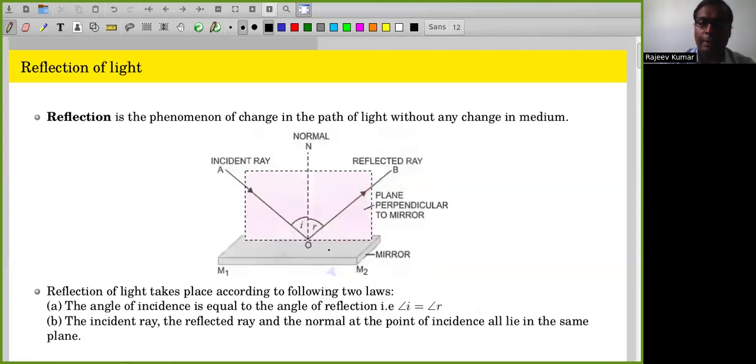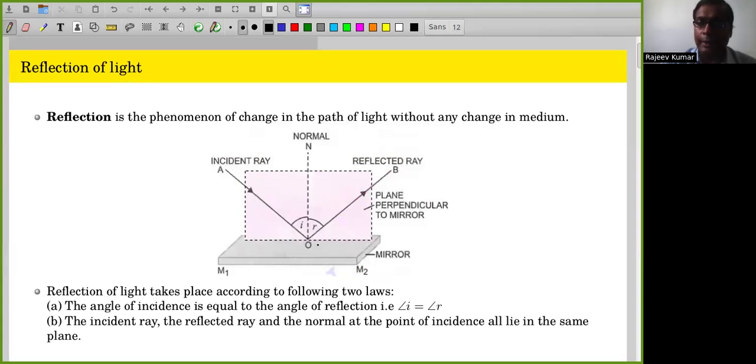Now coming towards the reflection of light, we can understand that the incident ray, the reflected ray, and the normal to the surface, all these three are lying in the same plane.